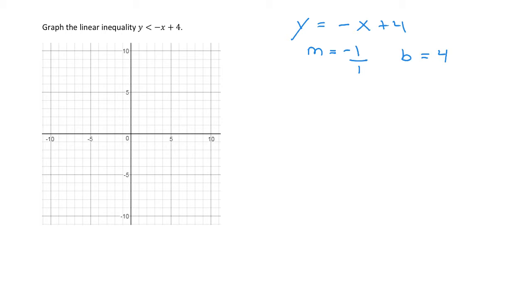So I'll put 4 on the y-axis. The slope is negative 1 over 1, which means I go down 1 and over 1. So all of these points are on my line.